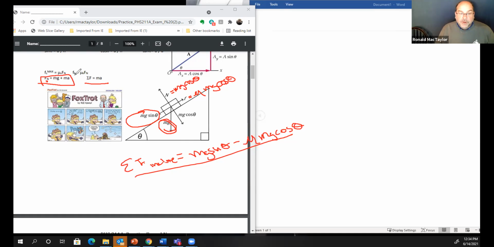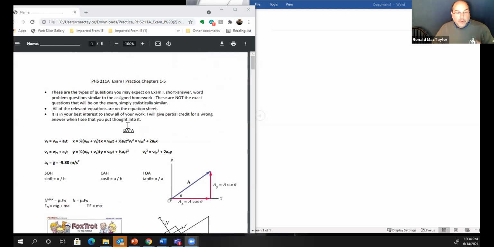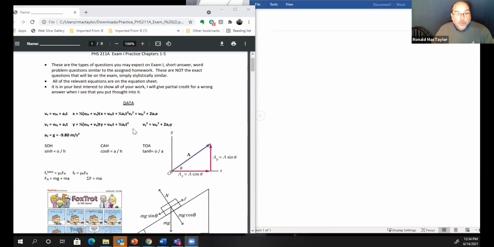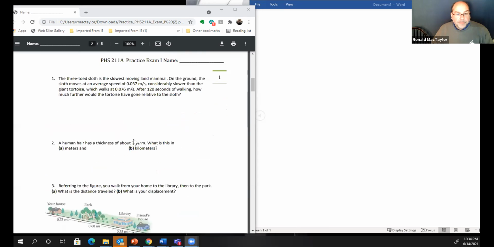Static friction, kinetic friction, we have all our terms that we will be using. Just make sure that you check in on the equation sheet when you're trying to do a problem, so that you have ready reference to the actual equations, maybe not something that you put in your head and might be a little confused about.